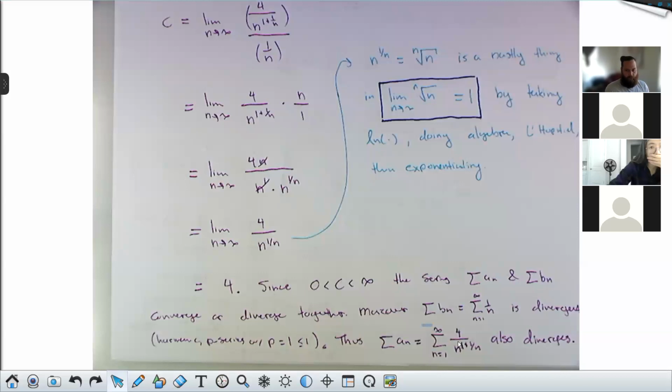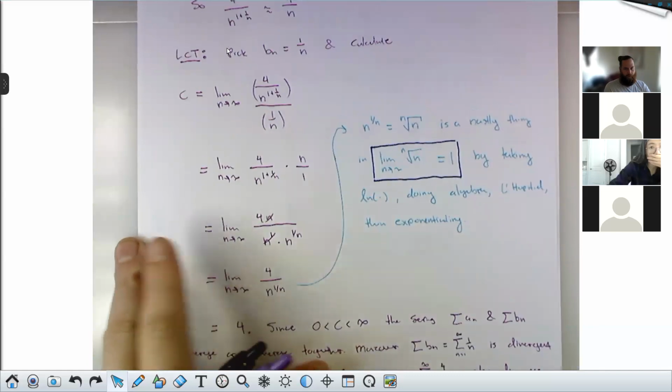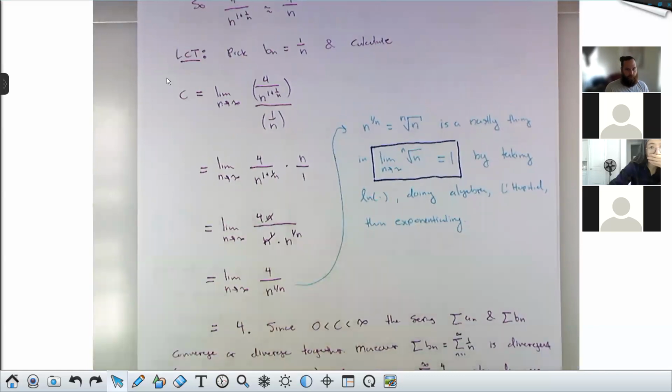So our series, sigma 4 over n to the 1 plus 1 over n, this series diverges because when you do a limit comparison with the series sigma 1 over n, limit comparison says calculate the limit as n goes to infinity of an over bn.